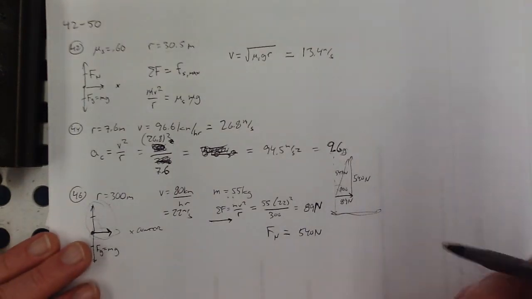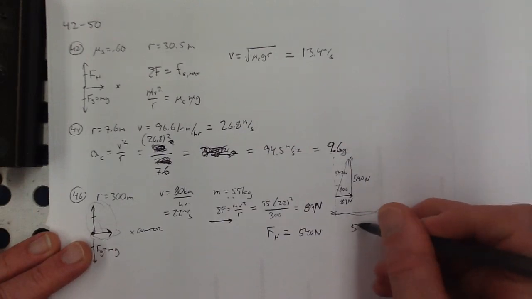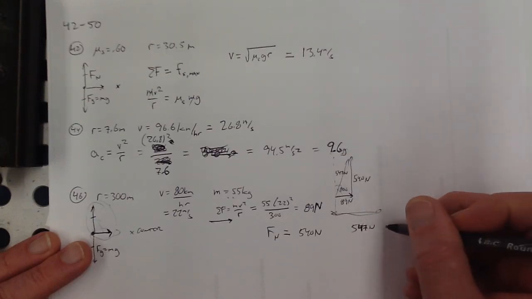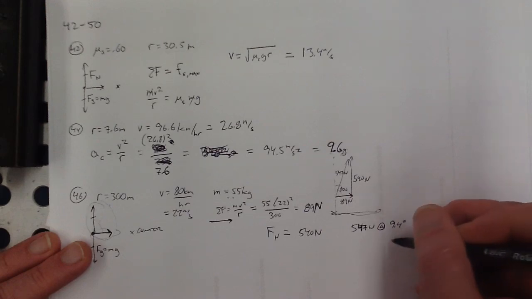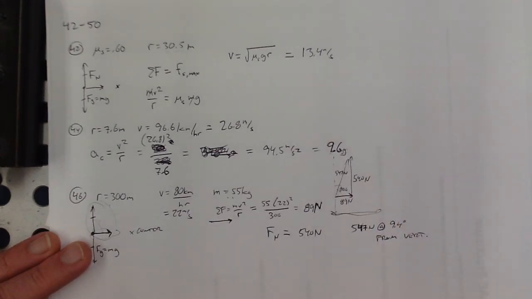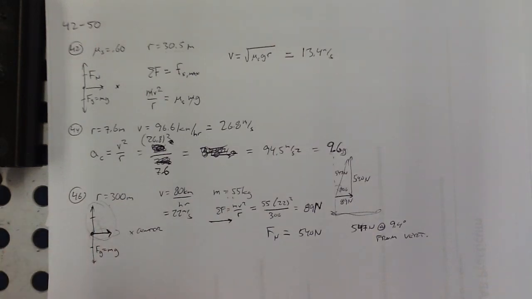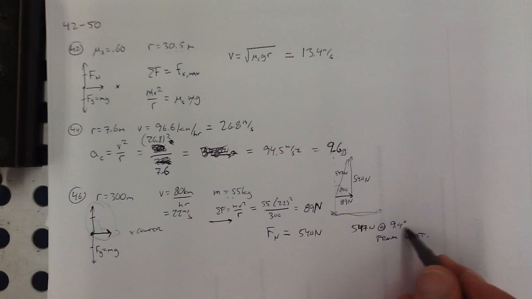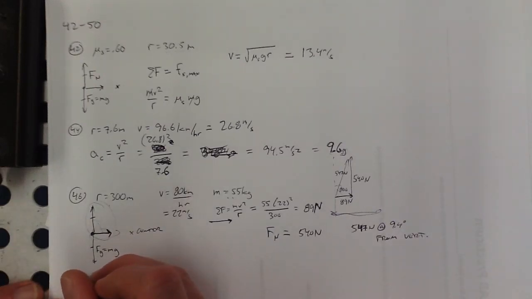So that's about 9.4 degrees. So 547 newtons at 9.4 degrees from the vertical. Let's confirm that here. Yep, I rounded a little differently. That's good.